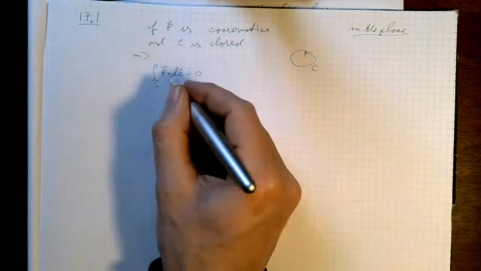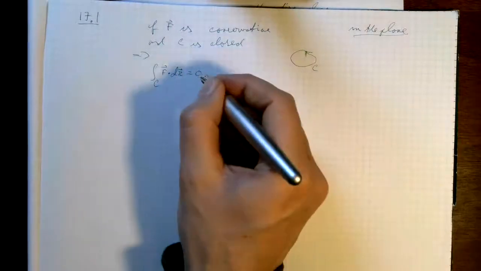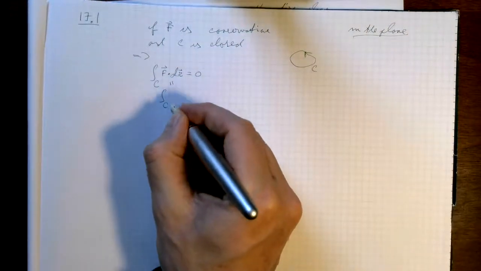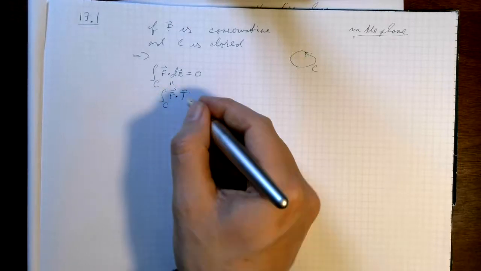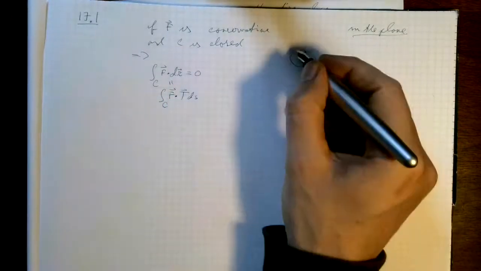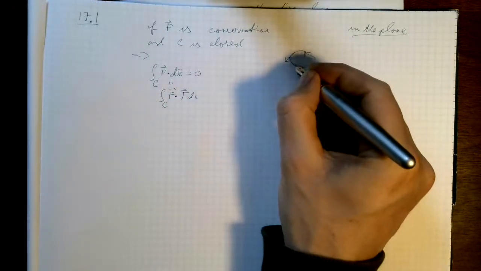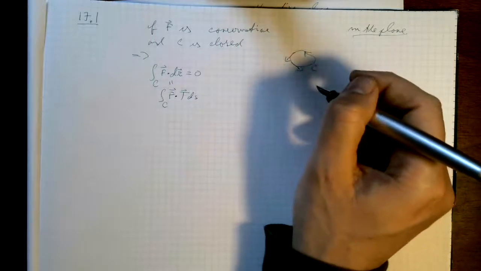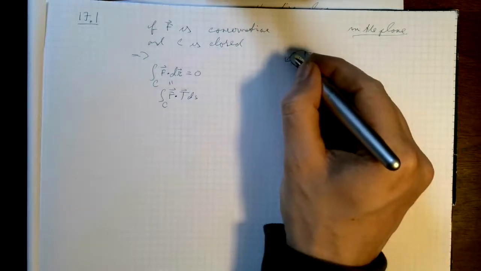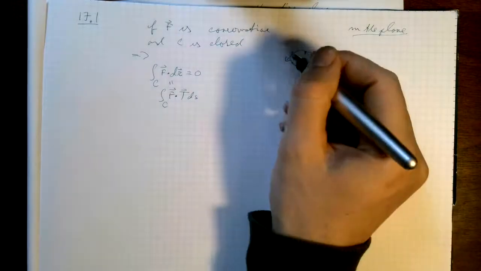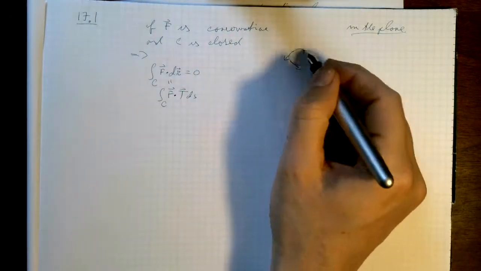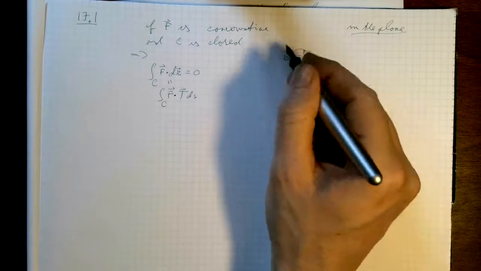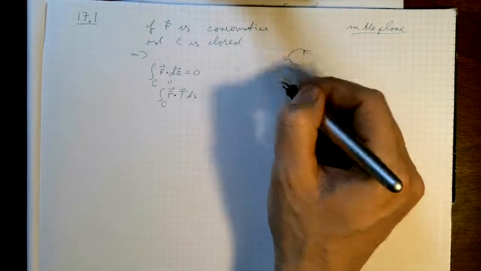Why? Well, because what is this? This is really f dot the unit tangent vector, ds. So if we look at the tangent vector at each point and project f onto this, the component of f that points along this path, and sum that all up, that tells us how much stuff is circulating around.